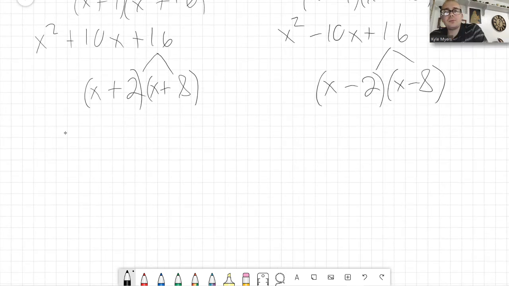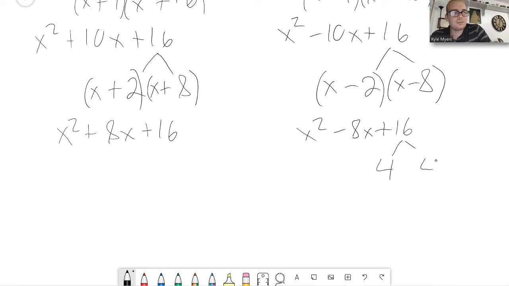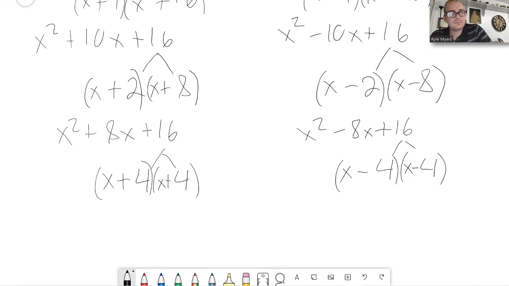The last one is the square one, because 16 is also 4 times 4. So I would have x squared plus 8x plus 16, x squared minus 8x plus 16, and that would be 4 times 4, plus, minus, and minus.